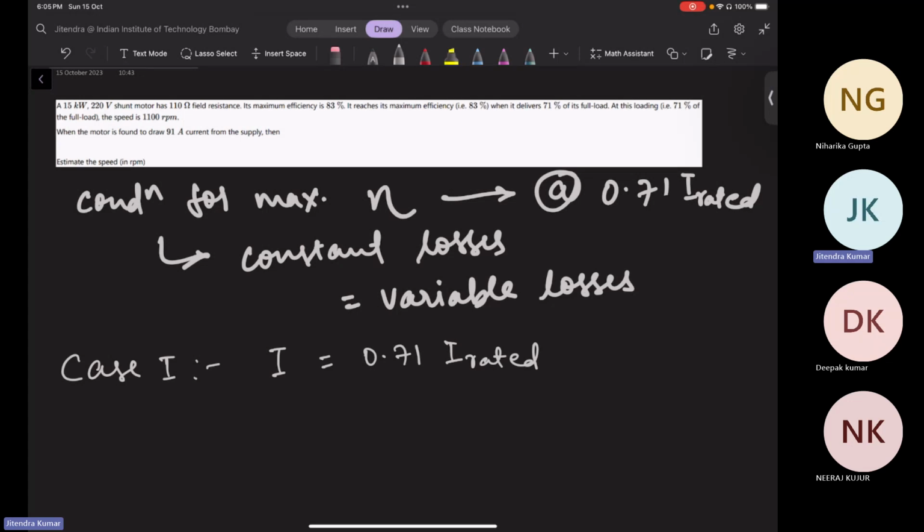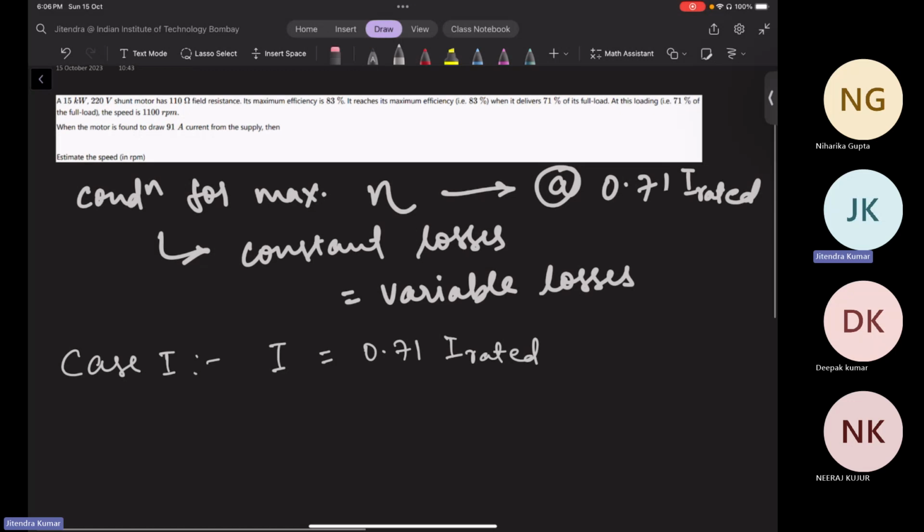But I think we can find the field current at that load. Another way is that first we find the rated current, and then take 71 percent of the rated current, and that will be our line current at that condition, right? So let us move ahead.